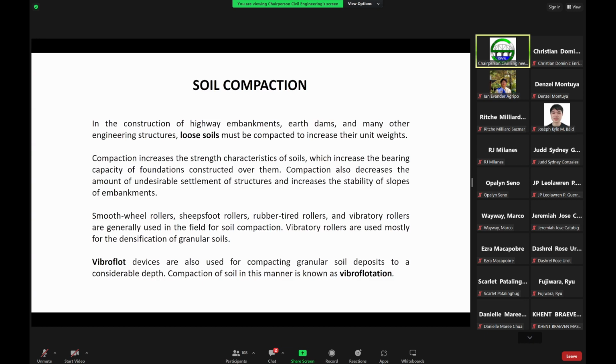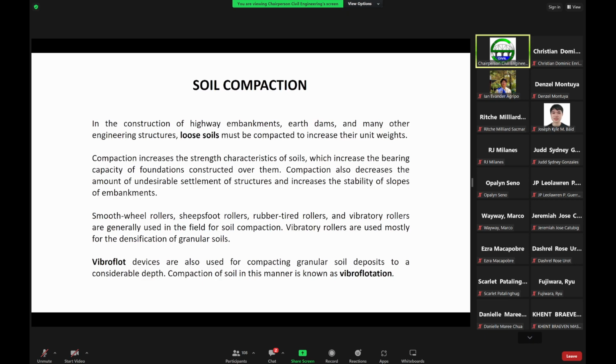So during calculations, when we see that the settlements would go beyond the prescribed settlement criteria, then if we find loose soils there, we recommend that they be compacted to reduce the settlement of the structure.